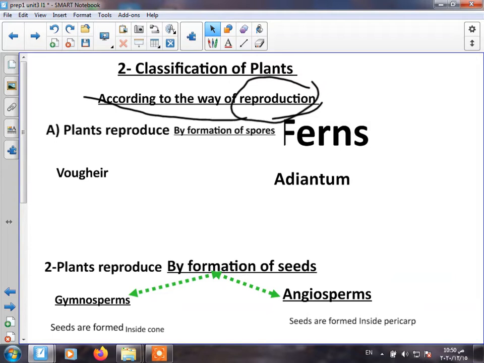Number one, plants reproduce by formation of spores. If I have a type of plant that reproduces by formation of spores, they form spores, and these spores in the soil produce another, new plant. This is a way of reproduction. This type of plants is called ferns, like bouger and adiantum.